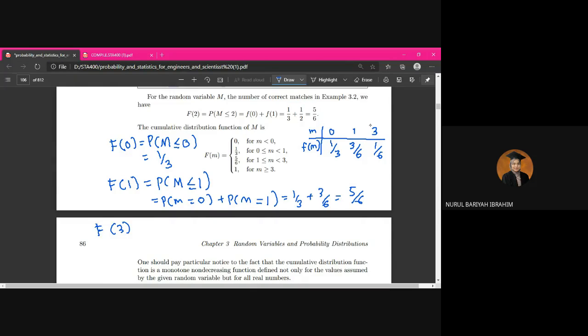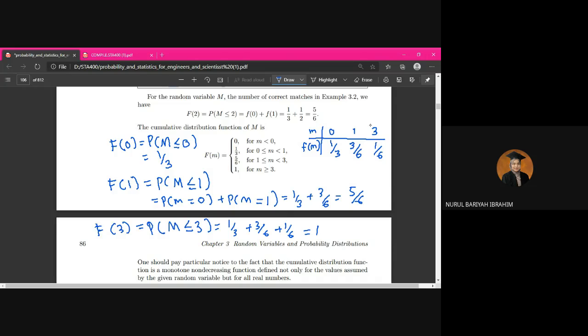So it will be probability of M less than or equal to 3, which is probability of M equal to 0 plus probability of M equal to 1 plus probability of M equal to 3, which is we add all the probability that we have here. It will be 1 because of that. And the condition kat sini will be M more than or equal to 3. Yang tadi tak termasuk 3, yang ni 3.